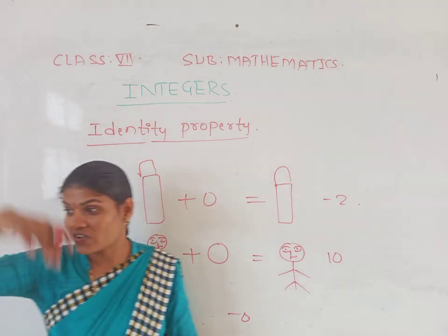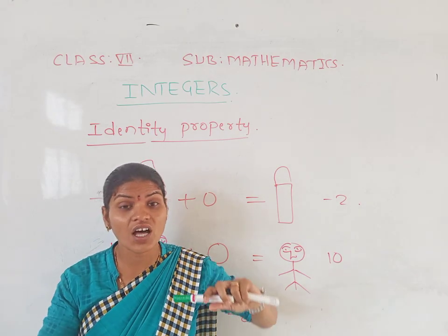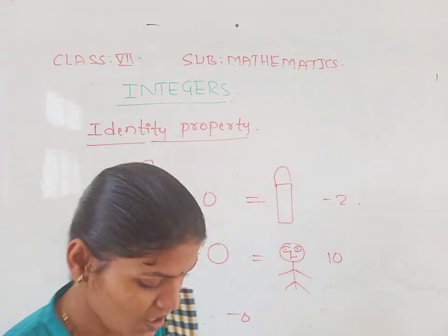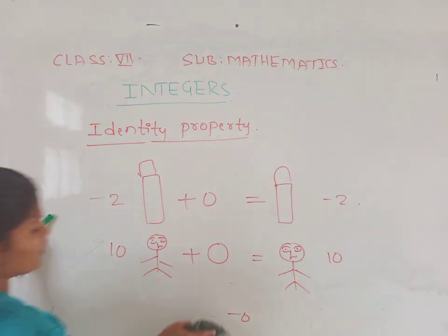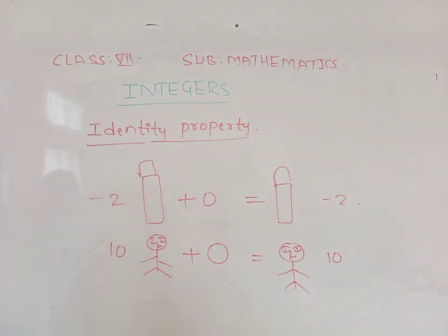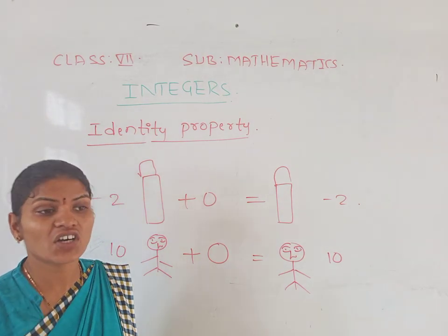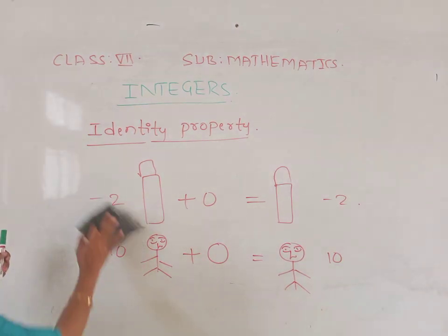Because 0 is neither positive nor negative. It's just a constant. Yes, clear? Okay. Which is the additive identity for the integers? 0 is the additive identity for the set of integers. Yes? Okay.